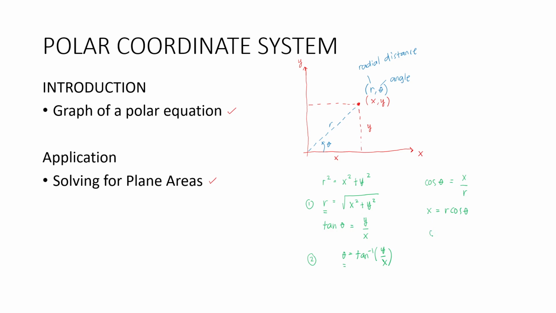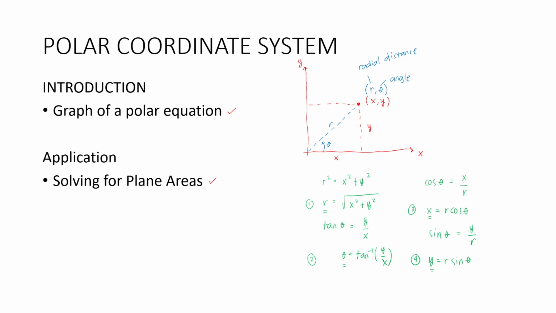Next is the sine function, which gives us y opposite side over r the hypotenuse, so y equals r sine theta. These equations are used to convert polar back to rectangular, where you have x and then y. That's how you relate your two systems, rectangular against polar.